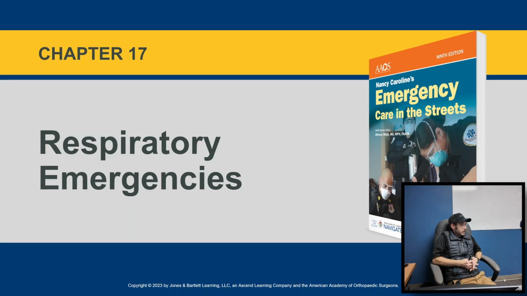So you're going to see a pretty significant amount of respiratory issues related to CHF, even though the way that disease process is truly defined, it falls in cardiac emergencies because it is a failure of the cardiovascular system, but it does cause significant respiratory issues as well, typically.